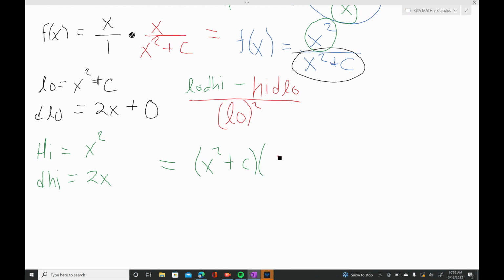The high function is x squared. Well, not the high function, the d high function is going to be 2x. We're going to add that minus the high function. Our high function is going to be x squared. And then our derivative of the low function is just going to be 2x.